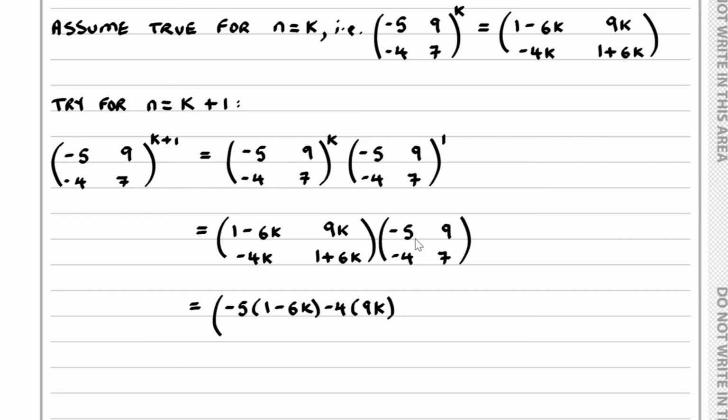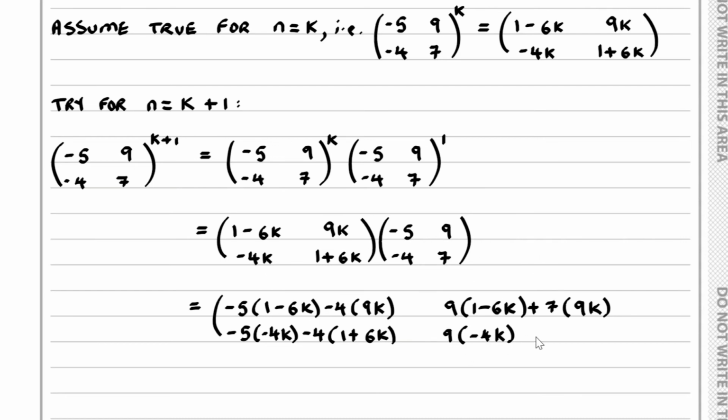And then we've got 9 times by 1 minus 6k plus 7 times by 9k. And then we've got the minus 5 times minus 4k. And then we've got the minus 4 times by the 1 plus 6k. And then we've got 9 times by minus 4k plus 7 times by 1 plus 6k.